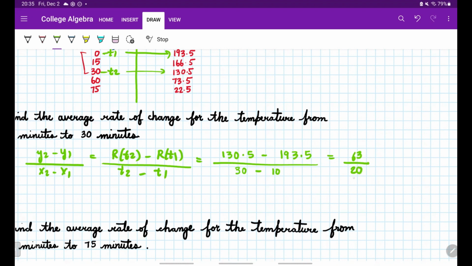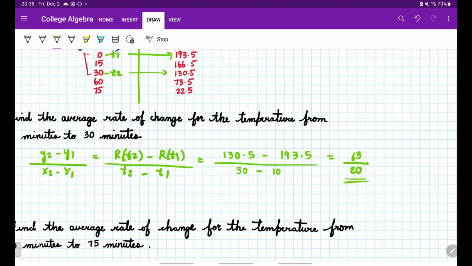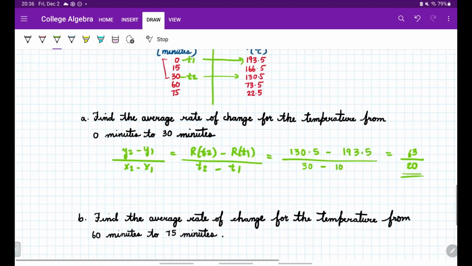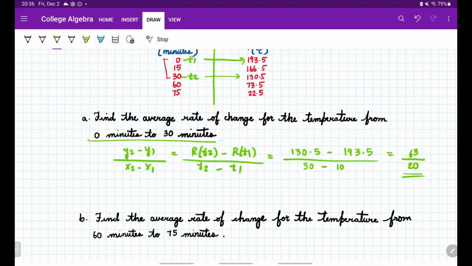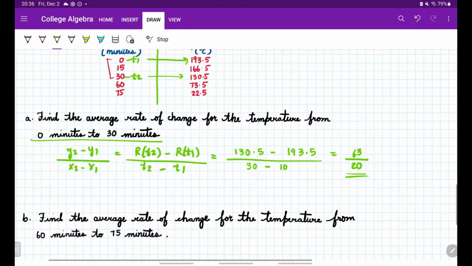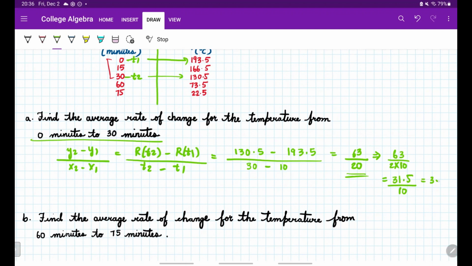So that is the average rate of change for the temperature from 0 minutes to 30 minutes. This would essentially be 63 by 2 times 10, so 1.5 by 10... 3.5.